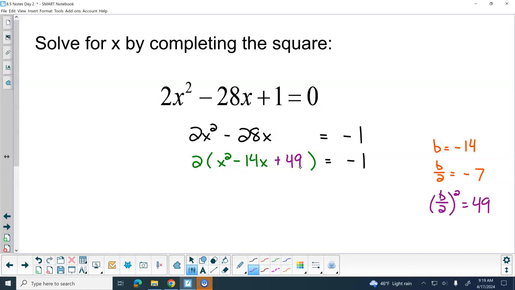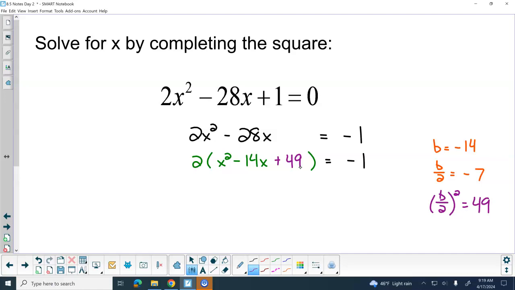But what's going to be added to the other side? Do we agree with 49 being added to the other side? I do not agree with 49 being added to the other side. I like 98.